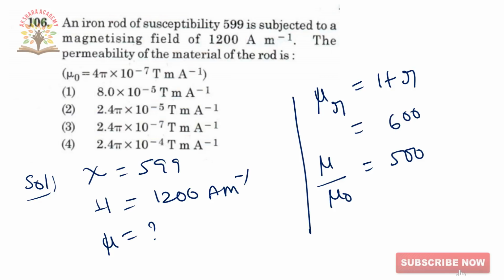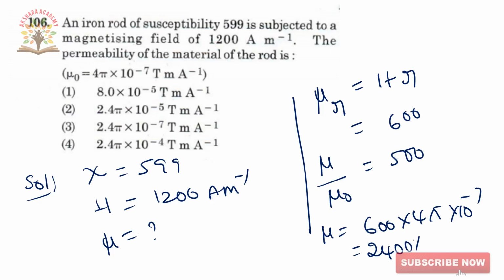So mu is equal to 600 into 4 pi into 10 to the power of minus 7. After cancellation, 2400 pi into 10 to the power of minus 7. So the final answer is 2.4 pi into 10 to the power of minus 4. Which option is correct, 2.5 into 10 to the power of minus 4? The fourth option is correct.